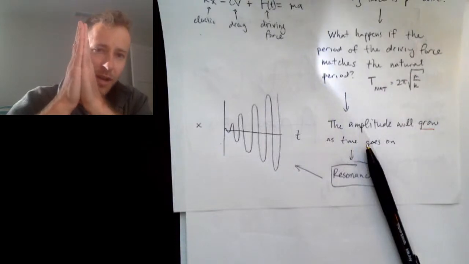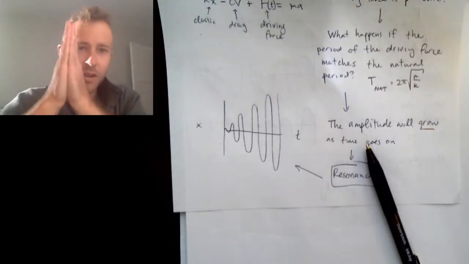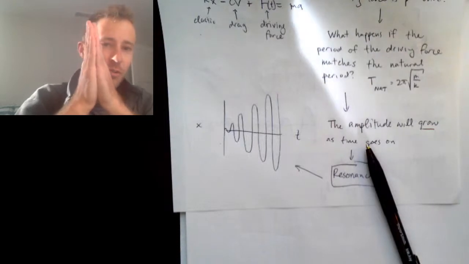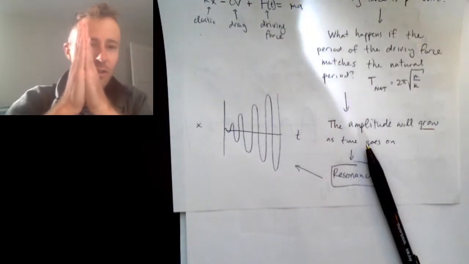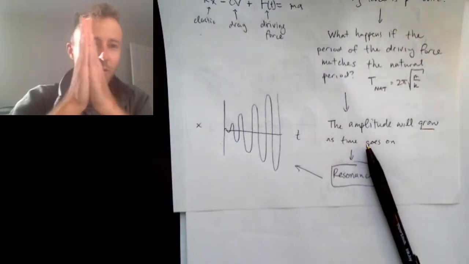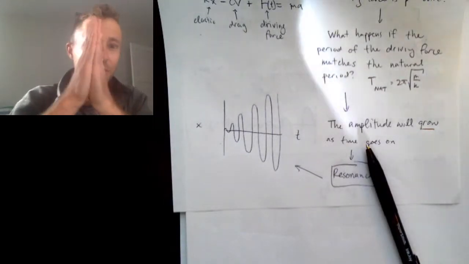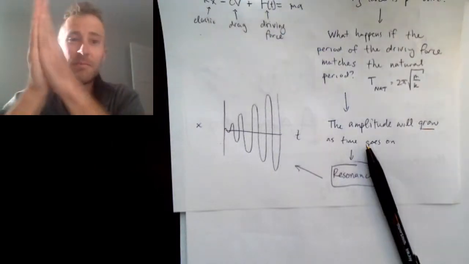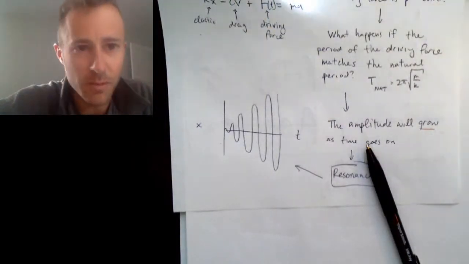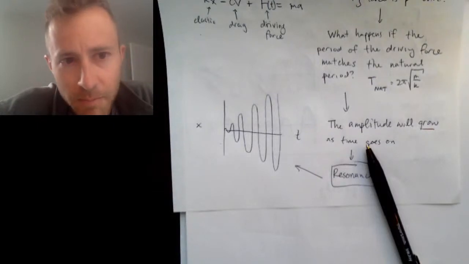Now, what if you had an earthquake, and the earthquake is rocking the building back and forth at its natural frequency? So what that's going to do is make the building rock back and forth, and the amplitude will grow as time goes on until the building tips over. Okay?